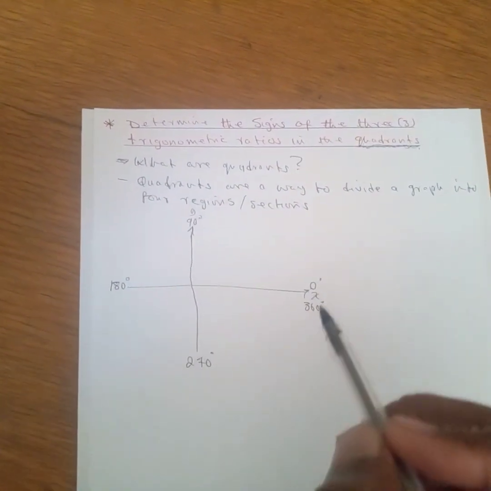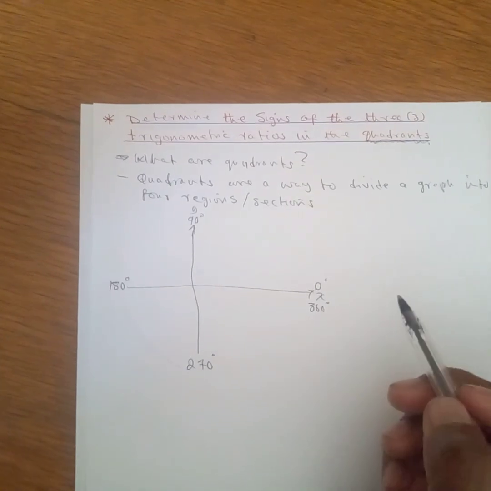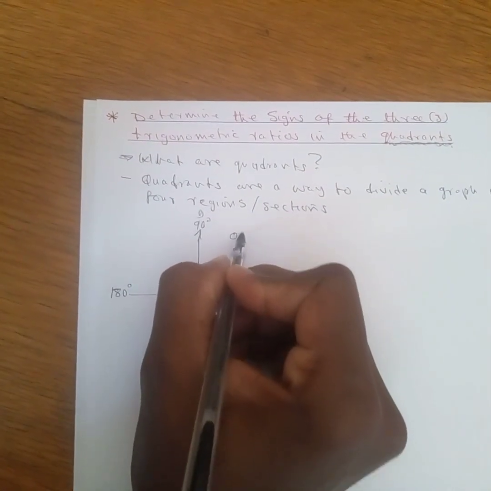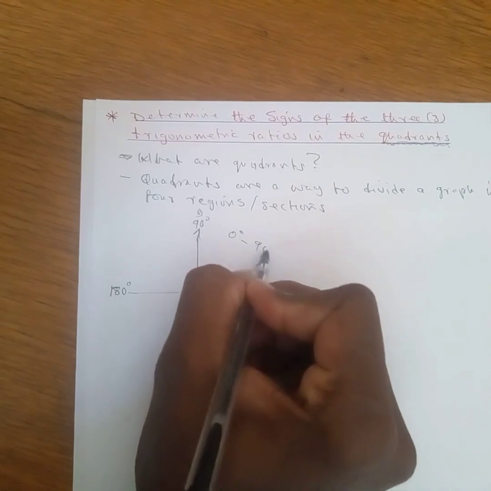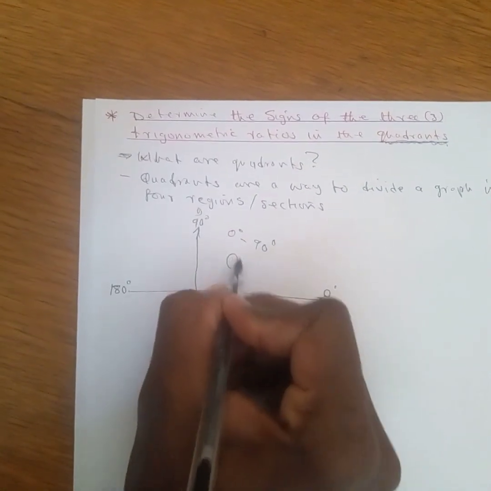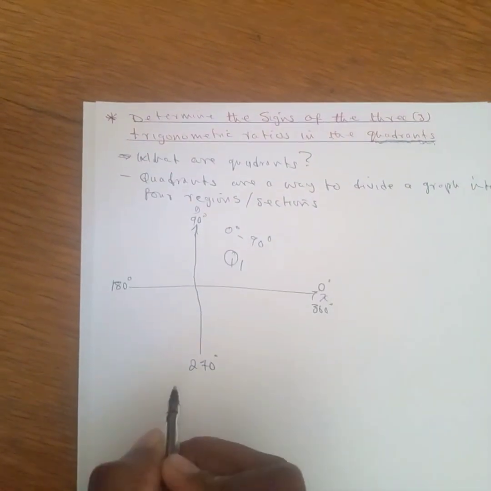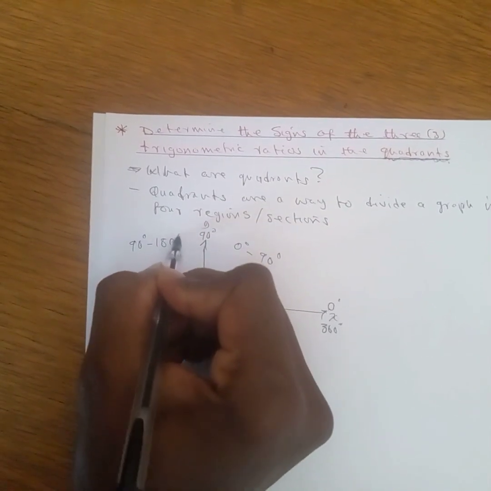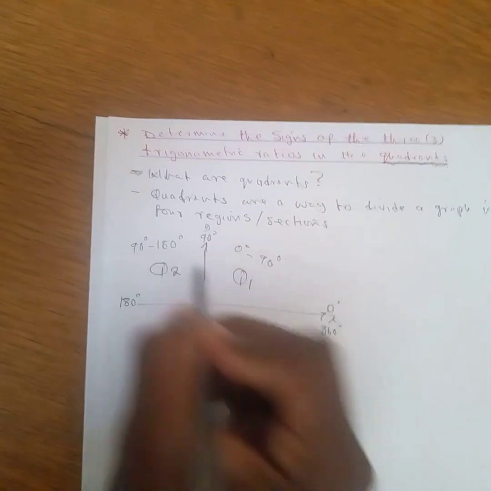Once we understand what this graph is about, we need to know where quadrant 1, quadrant 2, quadrant 3, quadrant 4 fall in. In this range of angles, 0 degrees to 90 degrees is where you find quadrant 1. From 90 degrees to 180 degrees is quadrant 2.